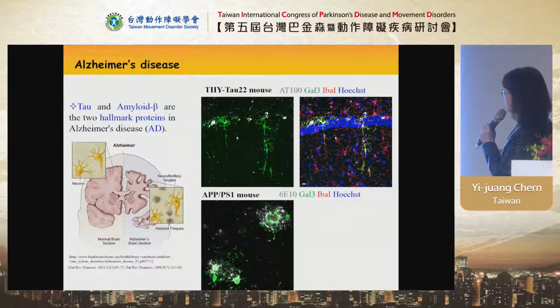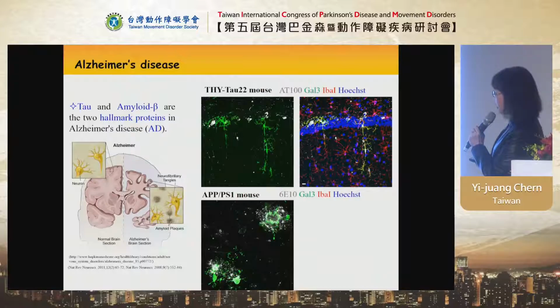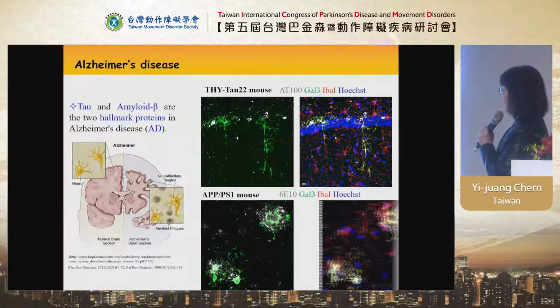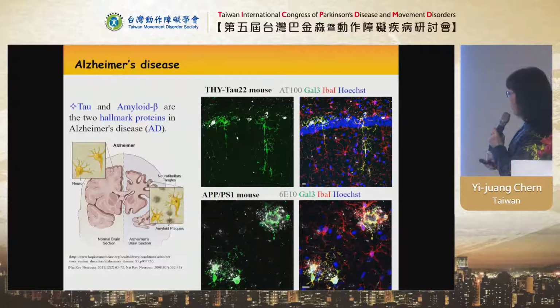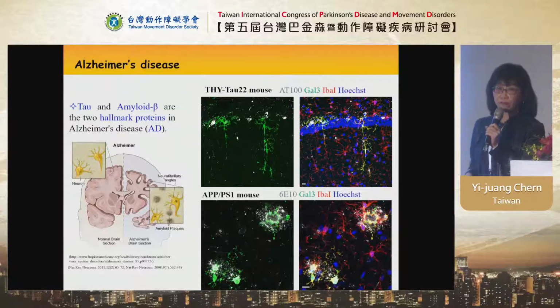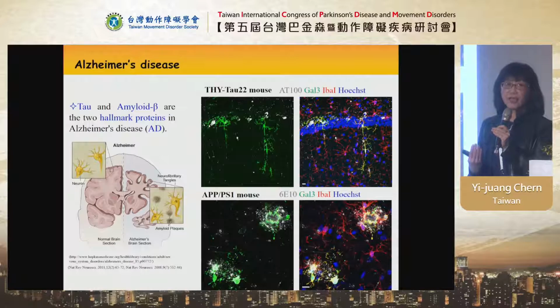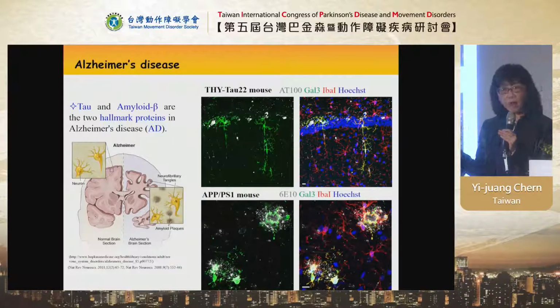And very similarly, we saw lots of upregulation of galectin-3 in the APP-PS1 mouse model, and with the Iba1 signal, you find this galectin-3 signal is from microglia. Therefore, in the future, if we have a good anti-galectin-3 inhibitor that can pass the BBB and enter the brain, it could probably be applied to many diseases or traumas that are related to galectin-3 neuroinflammation.